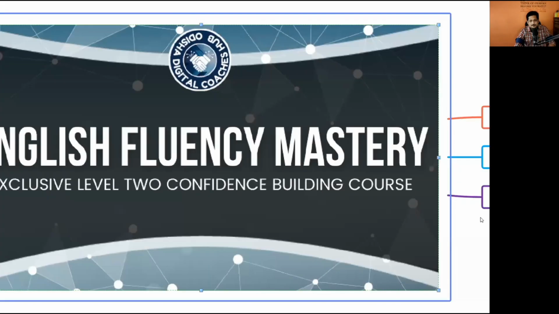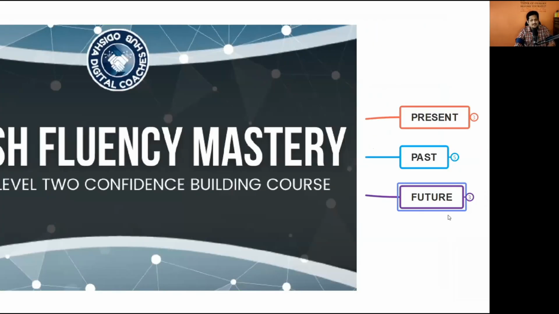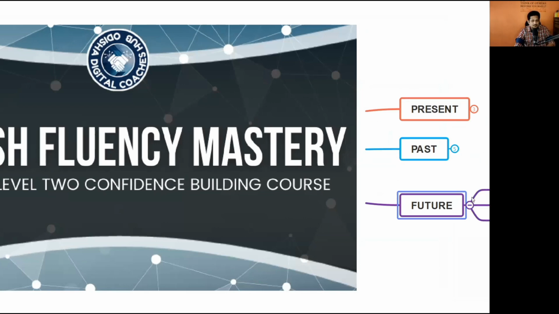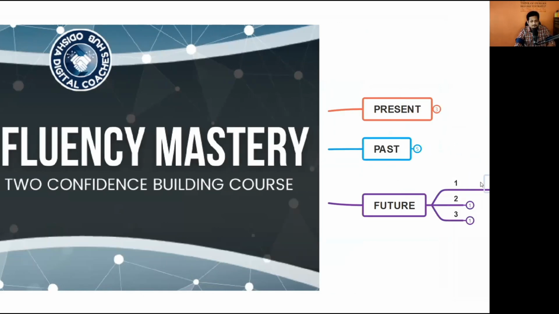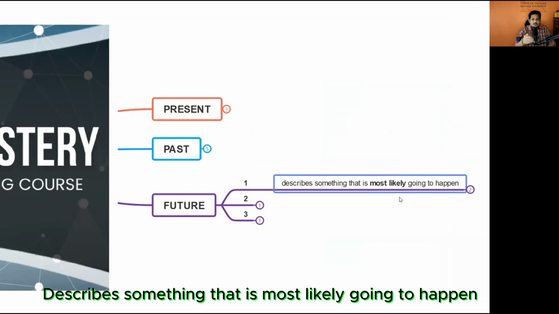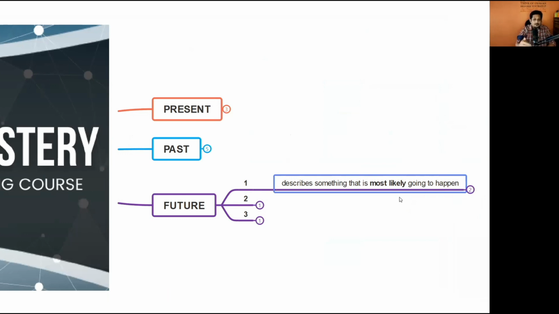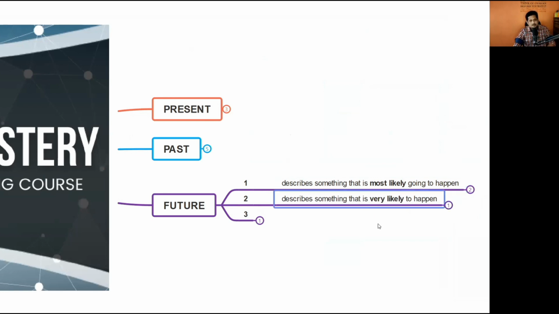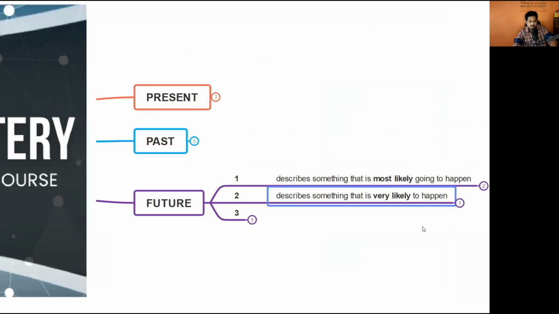So what is future tense? If I want to express something which is most likely going to happen, that means it has not happened yet, it is going to happen, or it is very likely going to happen.